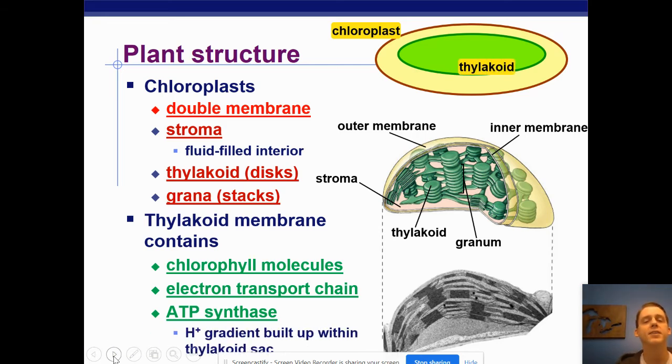The ATP synthase is going to be involved. What it's going to do is help deal with a buildup of protons inside the thylakoid. You can already kind of predict how it's going to work. That ATP synthase will help that buildup diffuse out, producing some ATP. So we will find out more about that later.